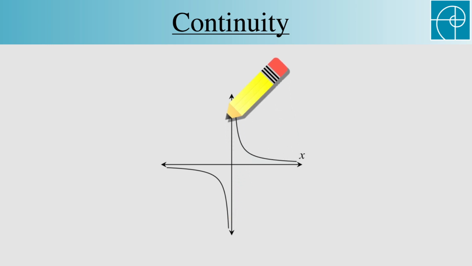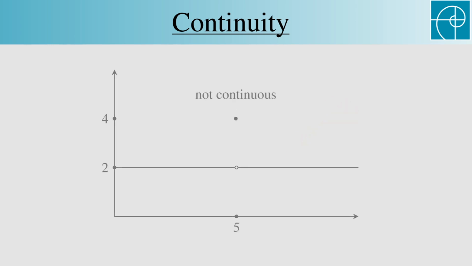So 1 over x is actually continuous. The apparent discontinuity is really the result of a gap in its domain. Likewise, this function isn't continuous, but if we remove 5 from the domain, creating a gap, then the function becomes continuous. It's a subtle point, but it's important if you really want to understand continuity.